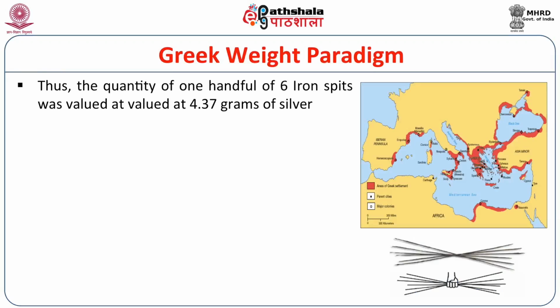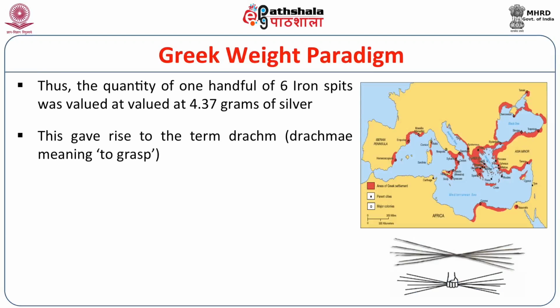According to this formula, 4.37 grams of silver could measure up to 6 iron rods, which basically were held by a Greek man. So this led to the concept of dram, which actually means being held in a palm.